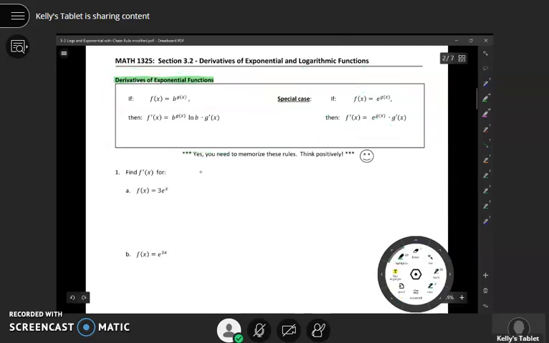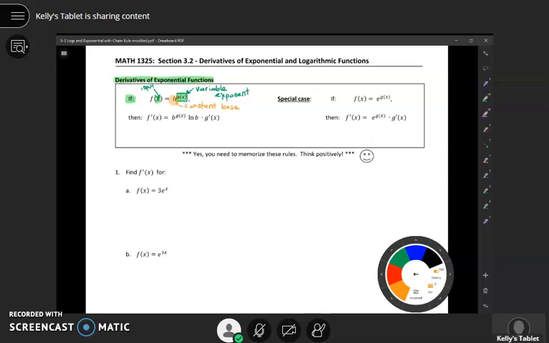Okay, my exponential rule says if you have an exponential function. Now again, that means that the input is being sent to the exponent. You're going to have a variable exponent, and you're going to have some constant as your base.